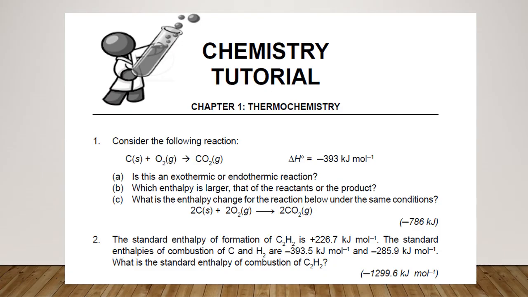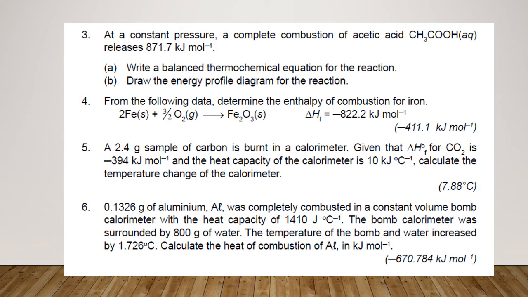I am giving you here the tutorial questions at the back of the thermochemistry chapter in your coursebook in order for you to do in your own time. This is small, question number 3, 4, 5, and 6 regarding how to get the enthalpy of combustion for number 6.